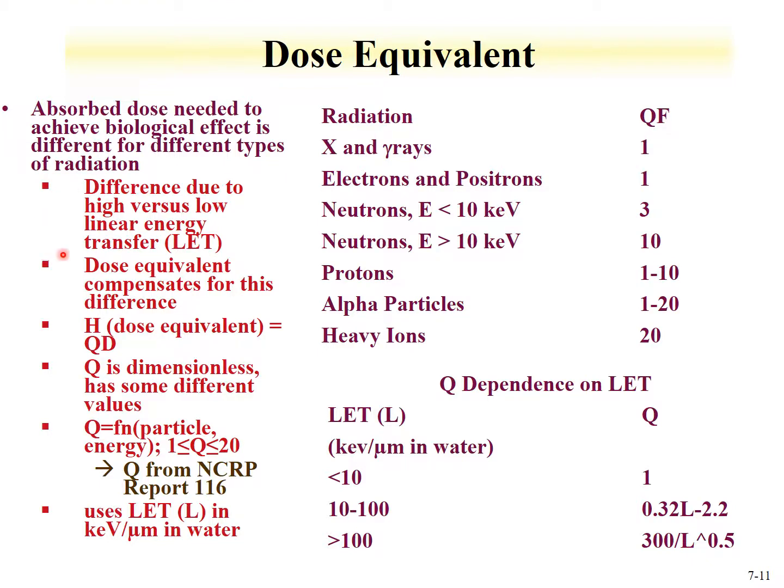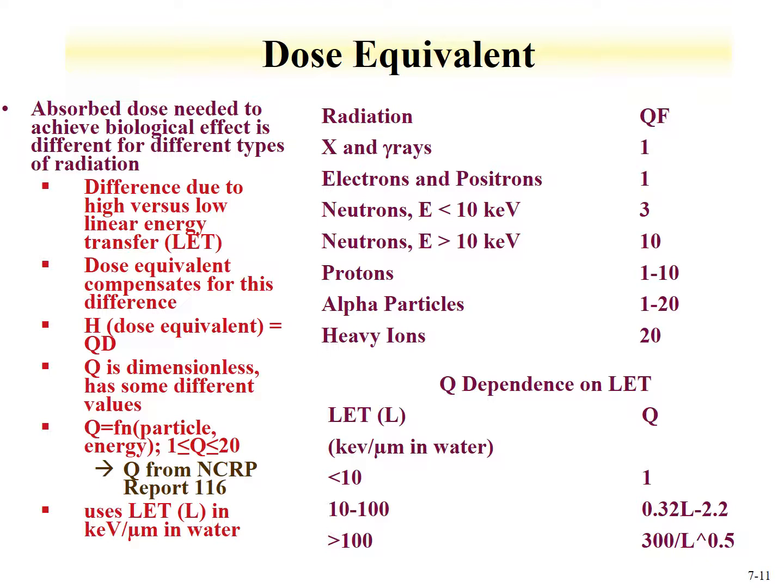The difference is really driven by linear energy transfer, and we're going to call this dose equivalence. To compensate for this, the dose equivalence will be equal to the dose D times Q, and Q is some dimensionless value. There are a number of reports out there which define what this value should be.